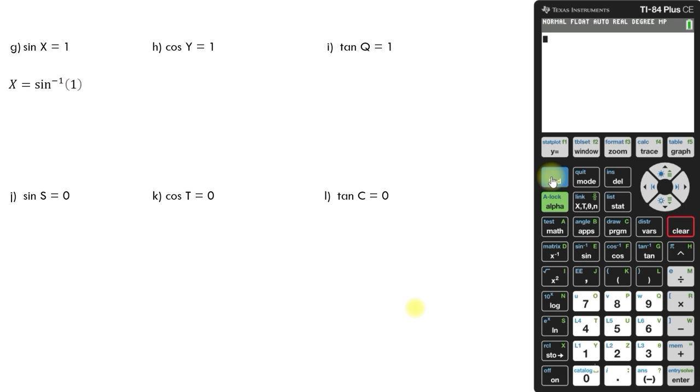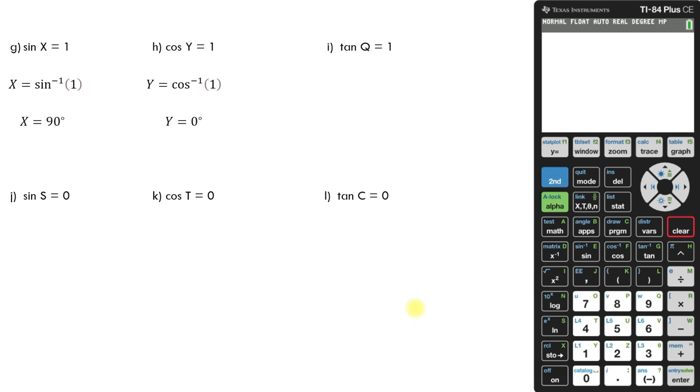Well, if the sine of x equals 1, then the angle x by itself will equal the inverse sine of 1, which happens to be 90 degrees. H states that the cosine of y equals 1. Second function, inverse cos 1, gives us a value of 0.